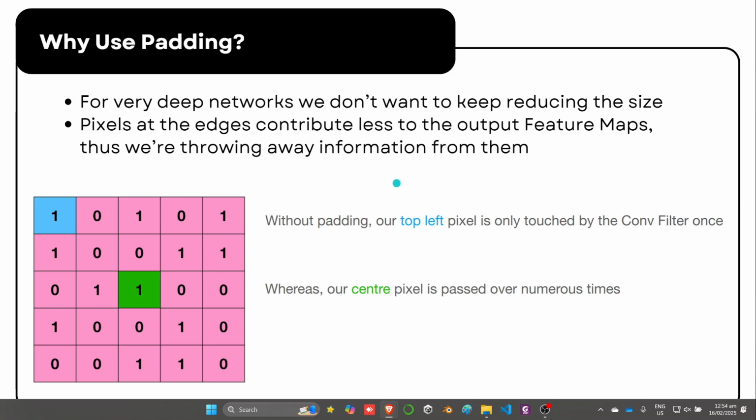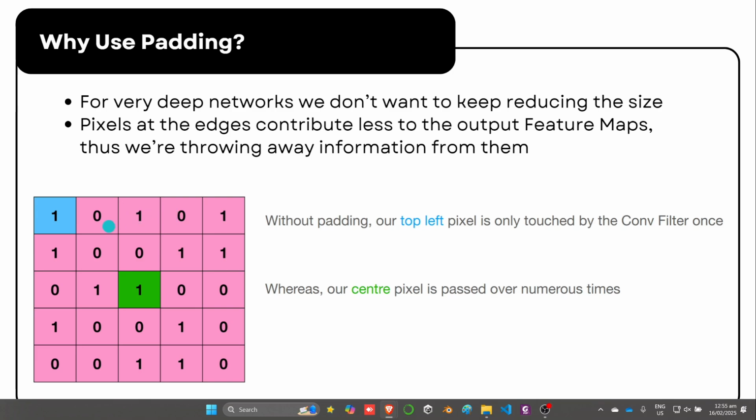Let's say we move it from left to right. Well, think about the pixels at the edges.